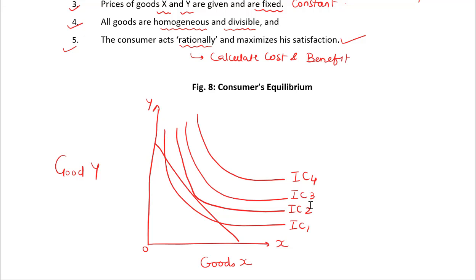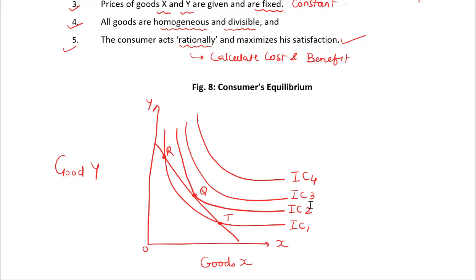So there are 4 curves given over here, but the combinations which are falling on the budget line are R, Q, T. These 3 combinations are falling on the budget line.